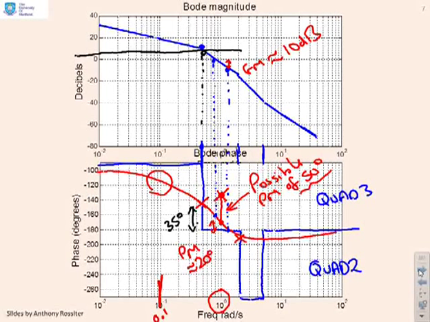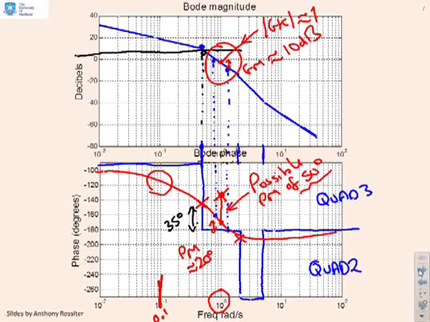Now I'm being very approximate here because remember we're only using sketches. So you could get a possible phase margin of about 50 degrees as long as you make sure that at the same frequency the modulus of GK is approximately 1.